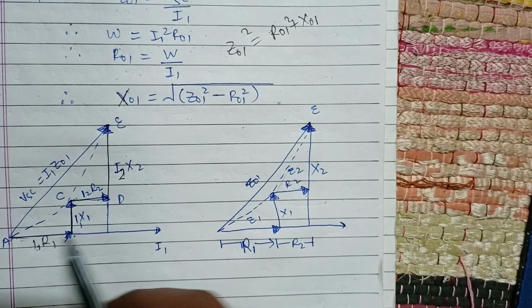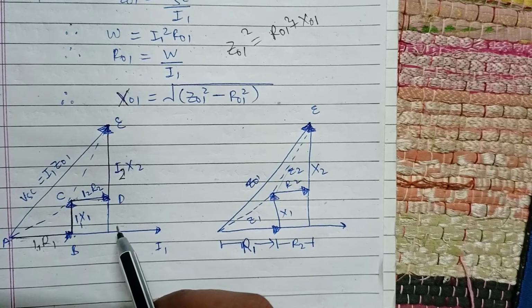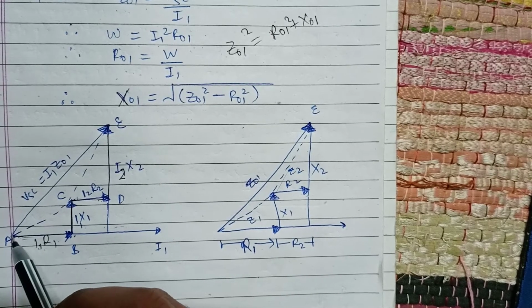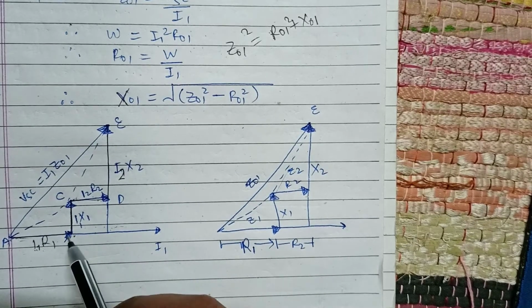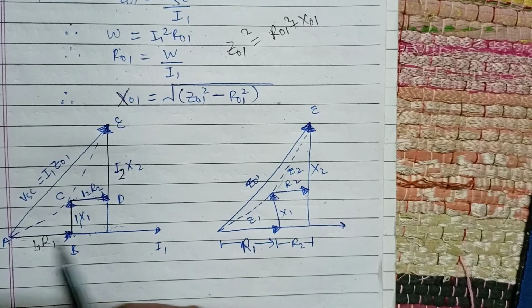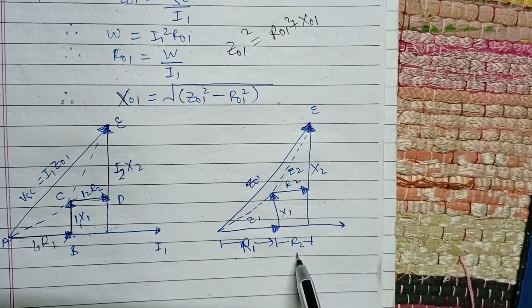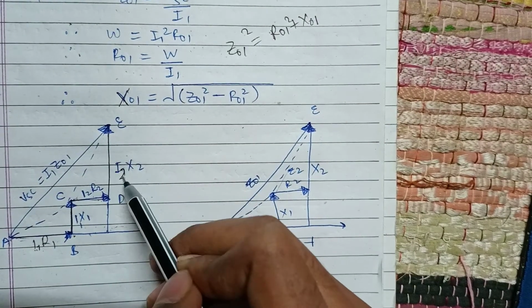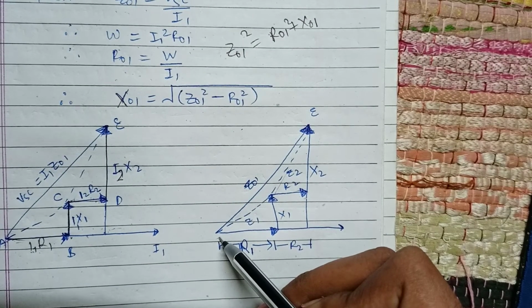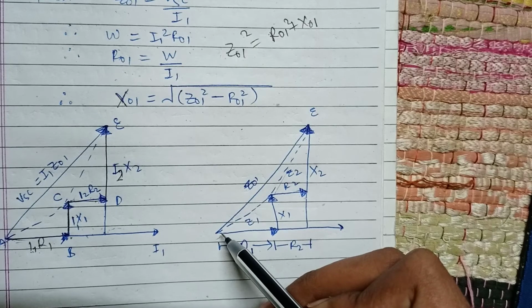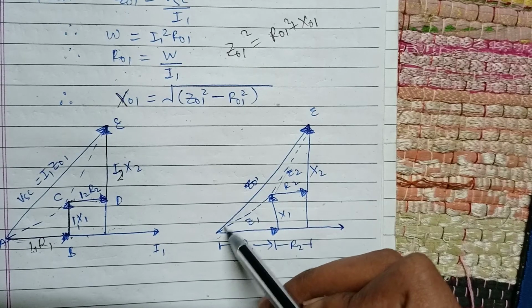Now if we consider this whole line starting from here, from here to here it is I1 R1, and from here to here, since this is the opposite side, it is I2 R2, so this becomes R1 plus R2, and here it is I2 X2 and I1 X1. So in total we can have the total reactance of the equivalent impedance, or we can derive it from Z01.